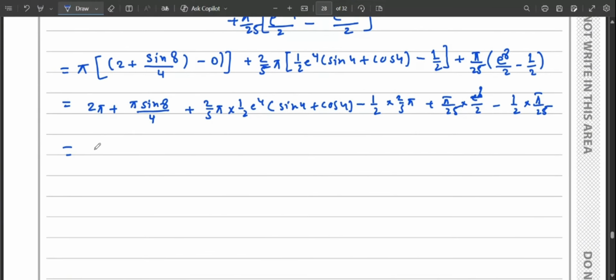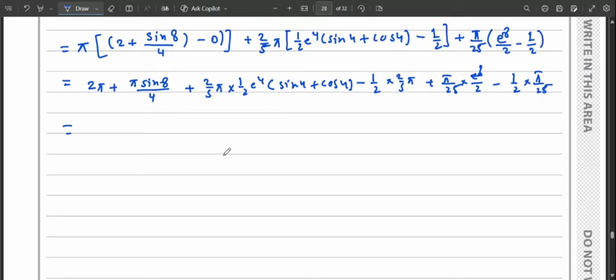Now we can simplify this further, but we do not need to completely find an expression. We don't need to write the exact value. That's why we will use an approximate value after we simplify a bit.